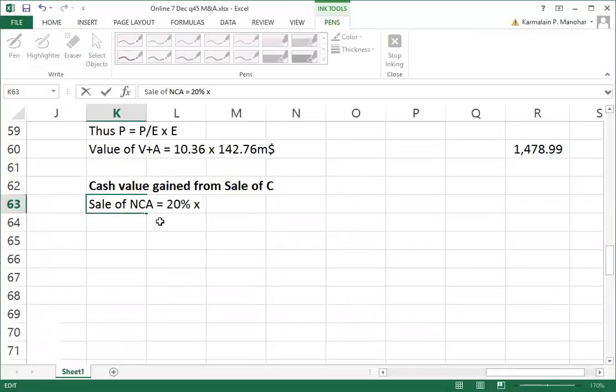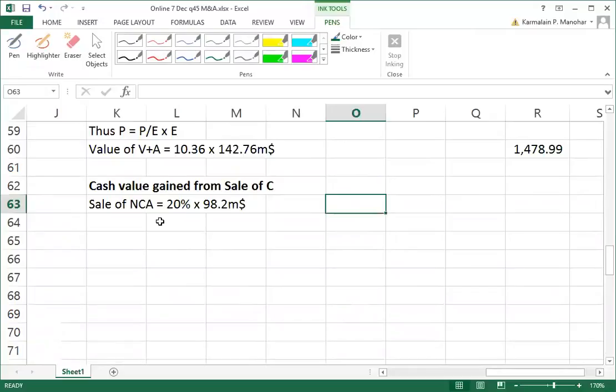Oh, 98.2 million. So then I don't need that 100 that you have next door. 20% times $98.2 million. That's all we need. All right, so that's going to get me $19.64 million. Right, so that's NCA.